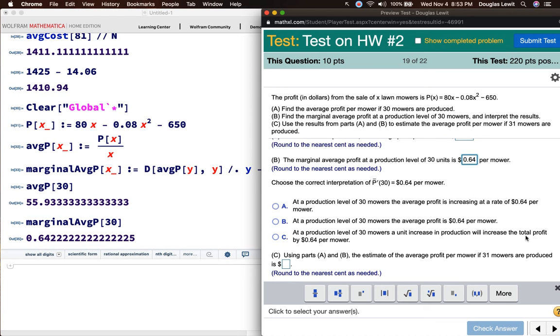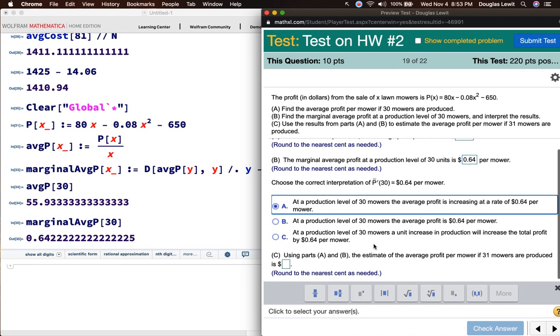We're not interested in total profit for this problem. We're interested in the average profits. So that's why that option is not going to work. So it should be A: at a production level of 30 mowers, the average profit is increasing at a rate of 64 cents per mower.